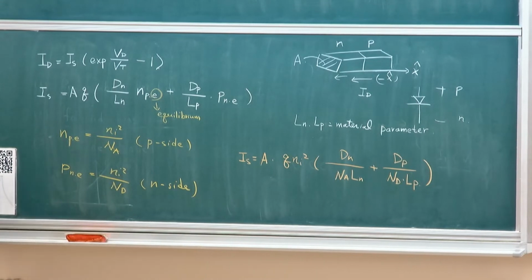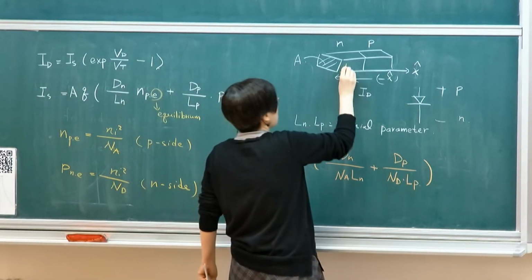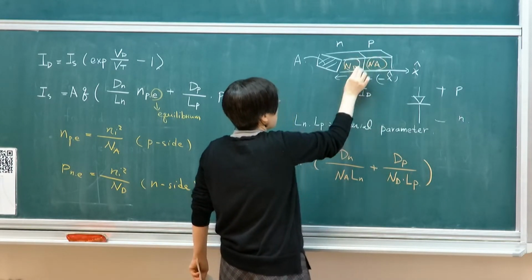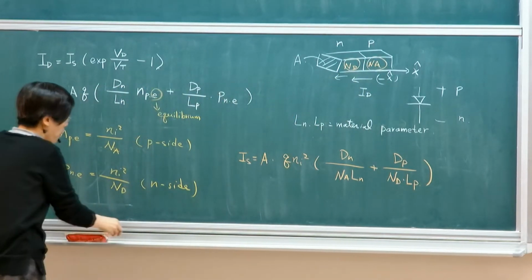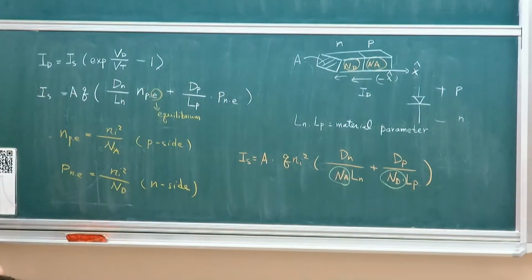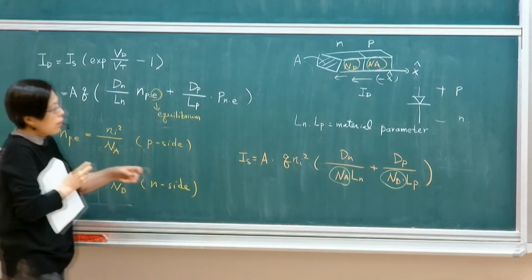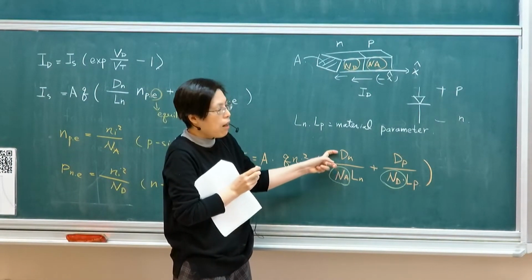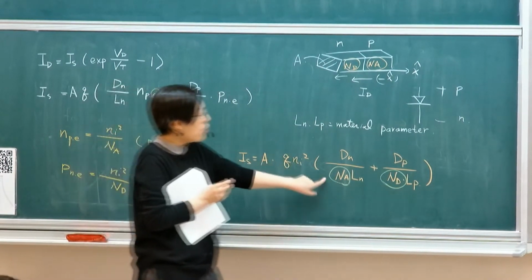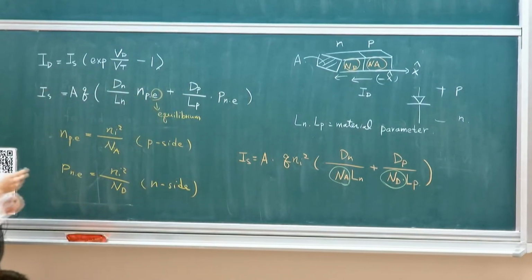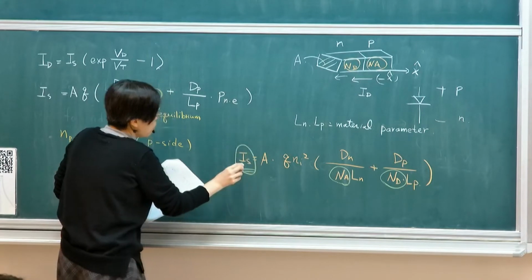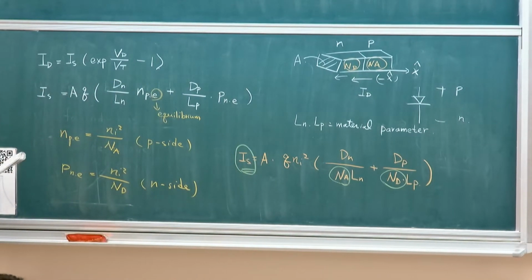So that is to say, this is Nd, this is Na. If I'm doping this with a certain level of dopant, these parameters are known. Once these devices are made, the doping concentrations are known. These are fixed, and these diffusion constants are constant. And the cross-sectional area. Once you have all these made, this will be a constant parameter. So this is referred to as a diode parameter, IS.